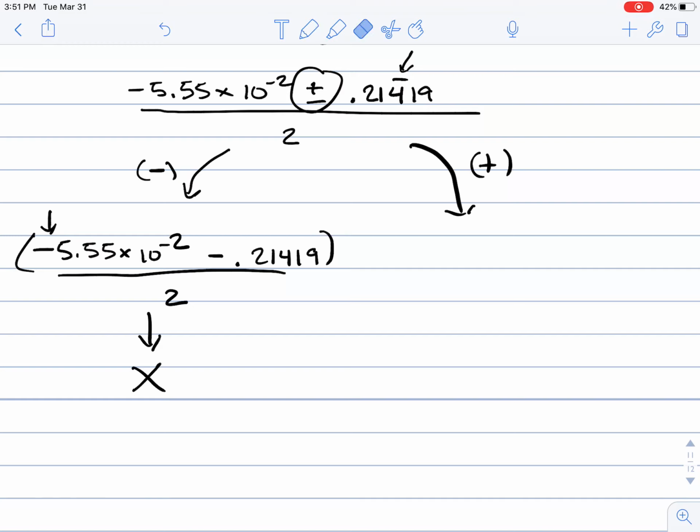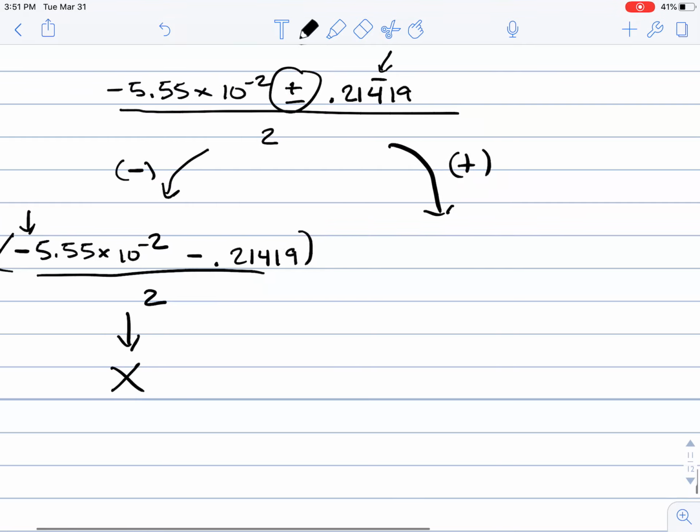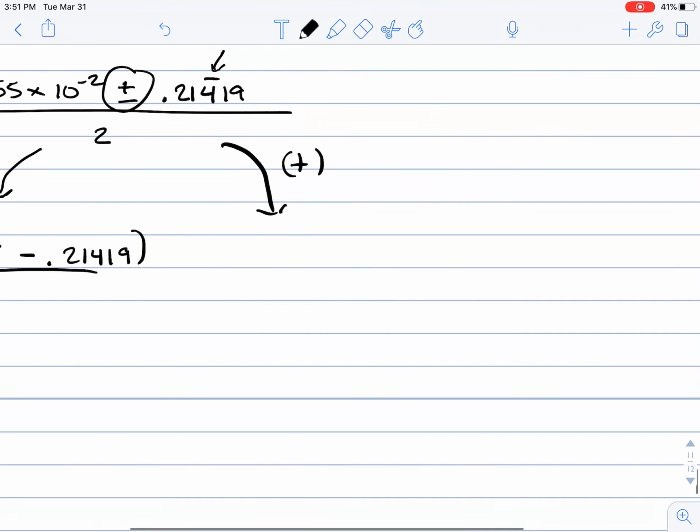And so, for example, if this was 5.55 times 10 to the negative 2, and let's just say that this was a smaller number, like 0.021419, then it's going to give us a positive answer, which could be the correct solution for our problem. But in this case, it's a negative number, and so x can't be negative, so move on.